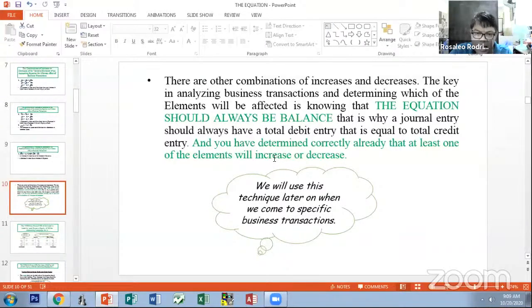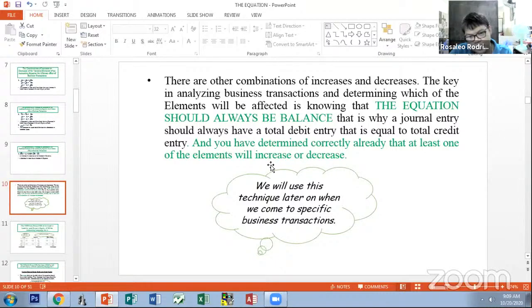So asset is on the left side of the equation. Knowing that already, and we are sure of that, by further analyzing the transaction, we can determine which of the other elements is affected by such transaction.